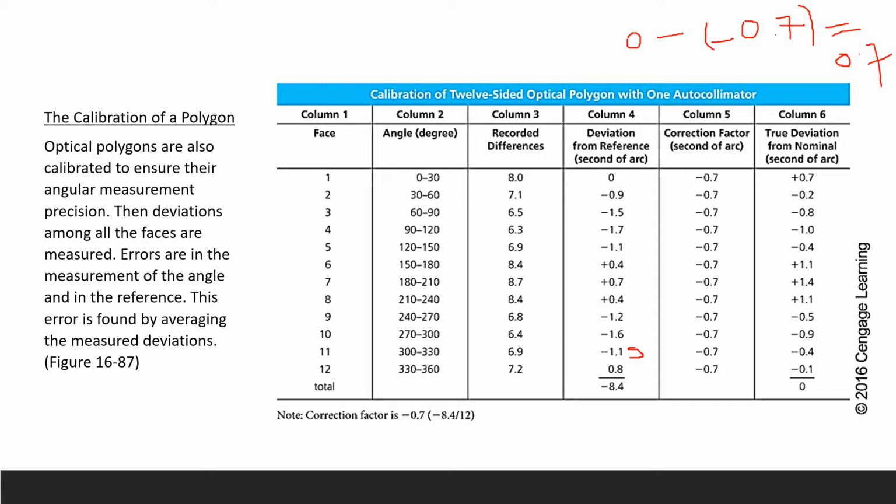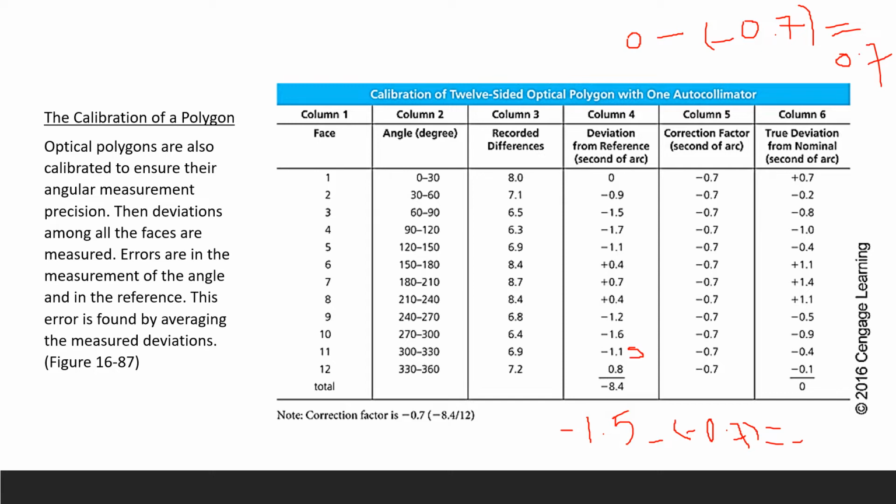You subtract column 5 from column 4 and you'll get each one of them. So here, minus 0.9 minus 0.7 will give you minus 0.2. Here minus 1.5, you write it this way, and then minus 0.7, it's going to give you minus 0.8.